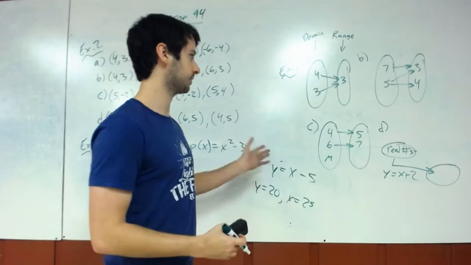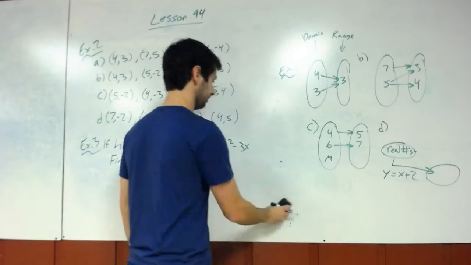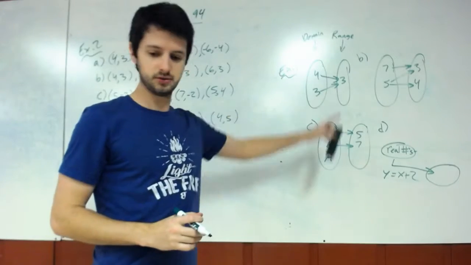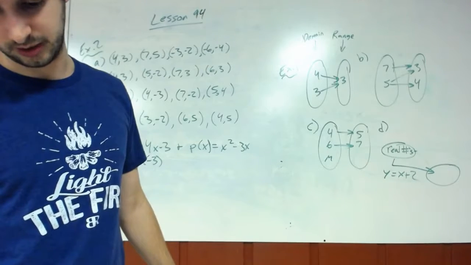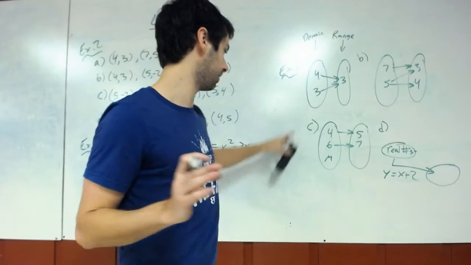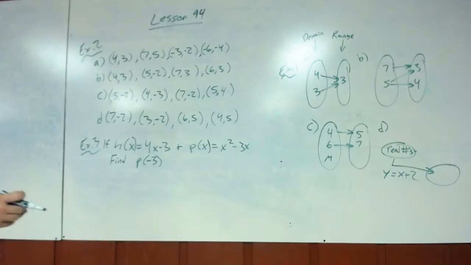Now the key is the range. Each answer has to have a number. I don't want you to get confused by my domain and range because of the problem that I just wrote down.